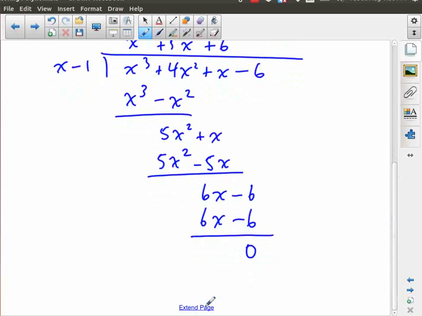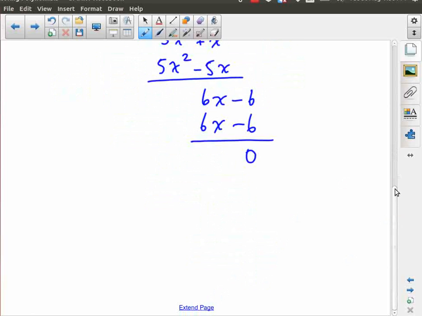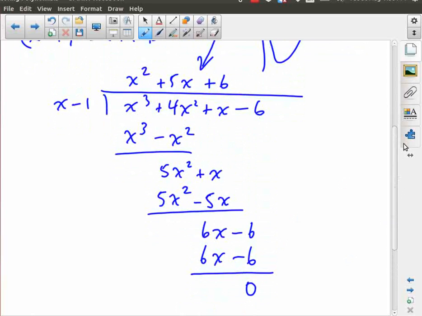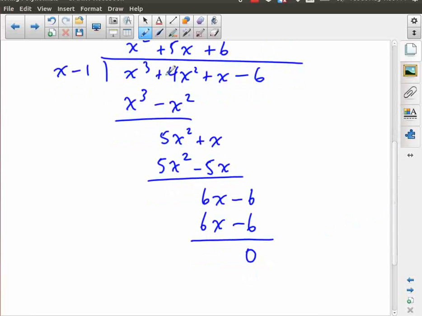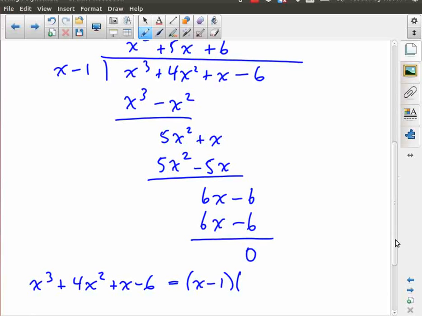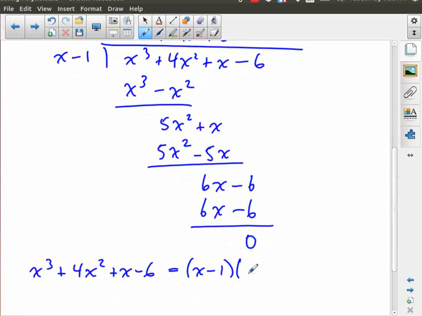So now, just to give you an idea of what we got, because there's no remainder here, what we have now shown is that this original x cubed plus 4x squared plus x minus 6 can be written in a factored form of x minus 1 times this quadratic, x squared plus 5x plus 6.